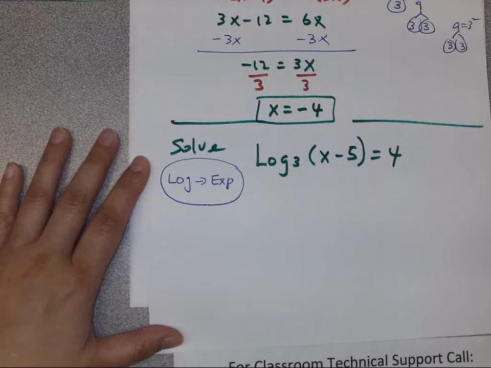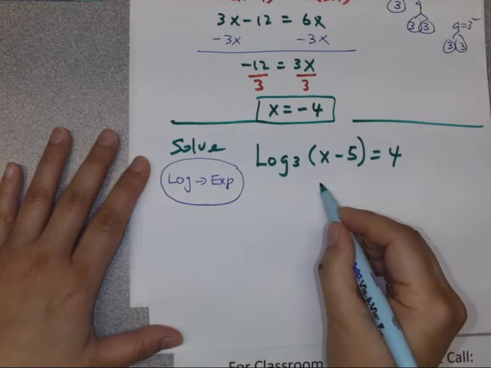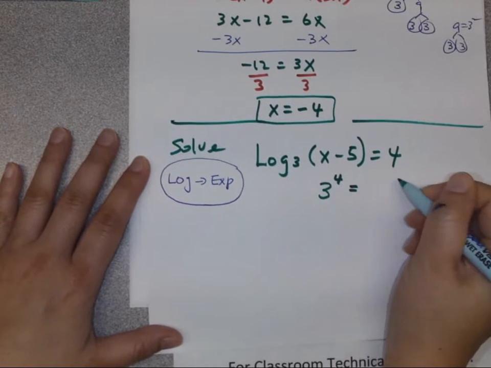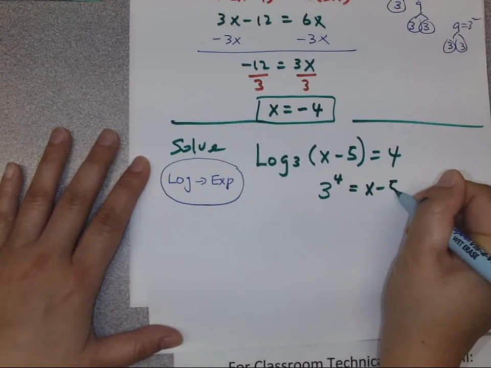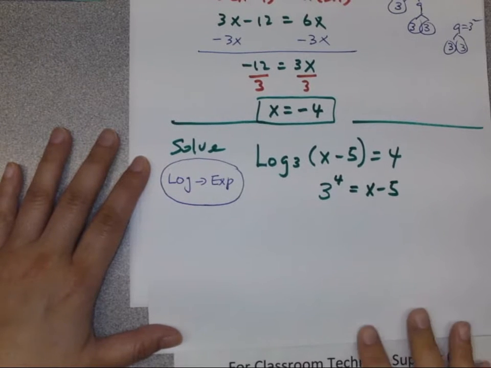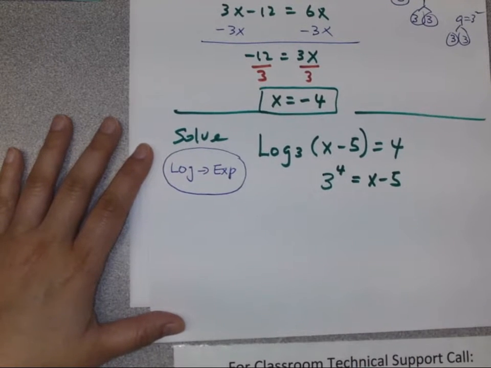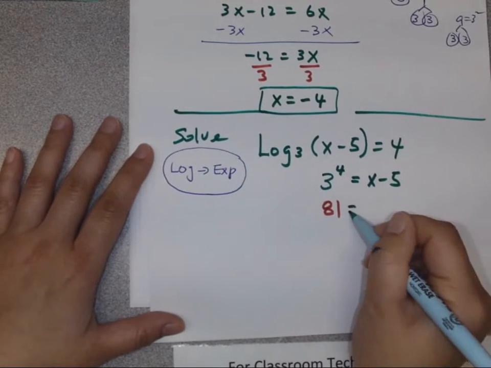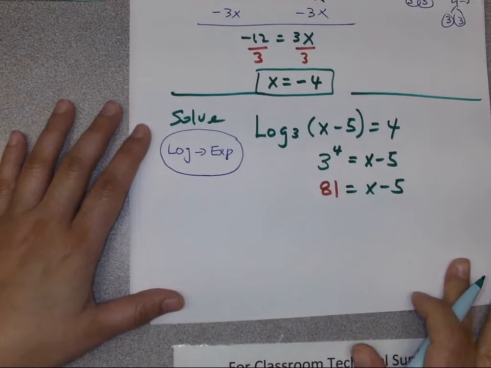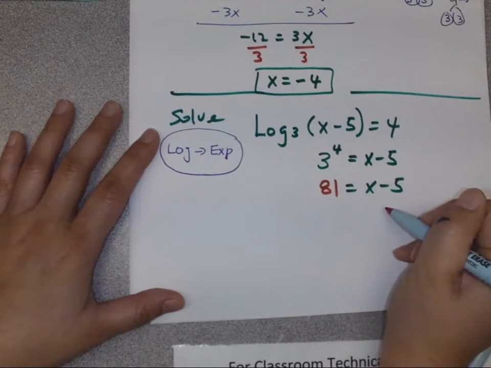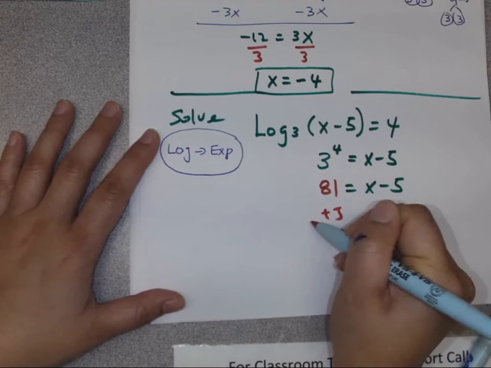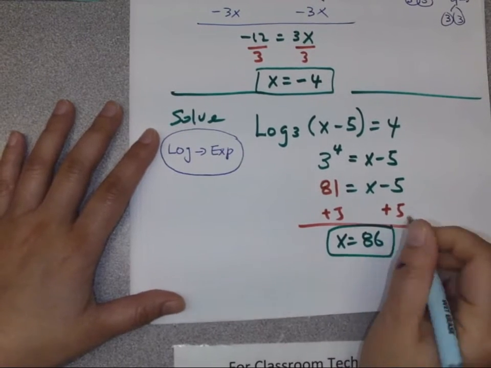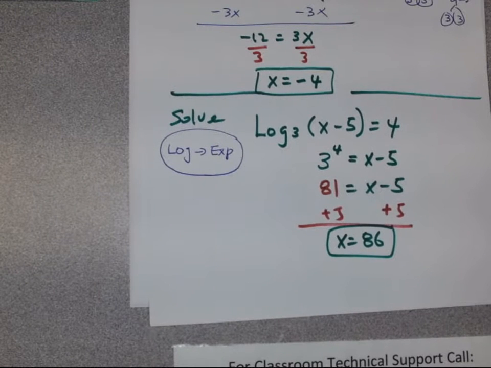Okay, so your base is 3 raised to the 4th power, its exponent, equal to x minus 5. What is 3 to the 4th power? Anybody? 81, very good. So 81 will equal x minus 5, and x will equal 86. Are we okay with something like that? Okay.